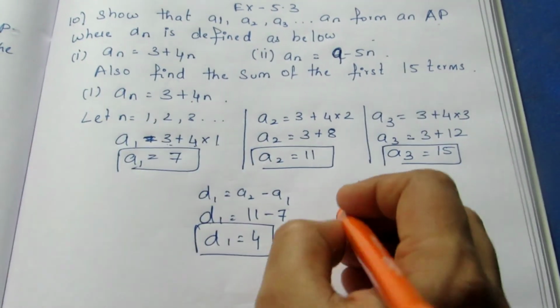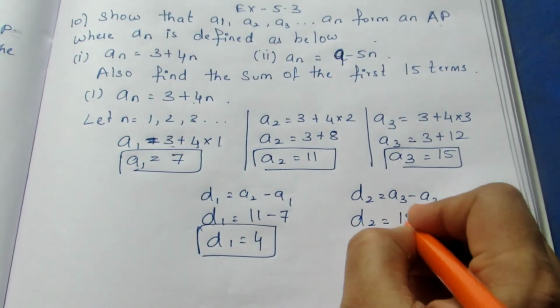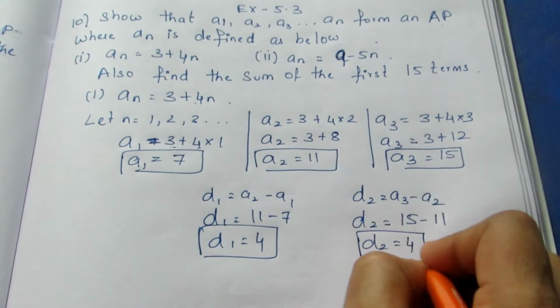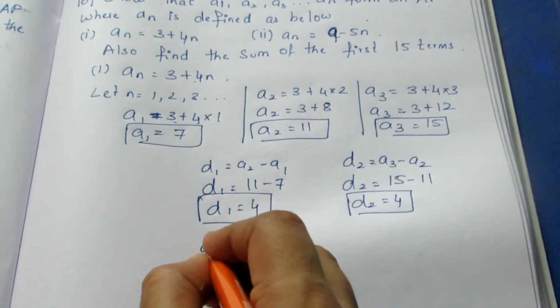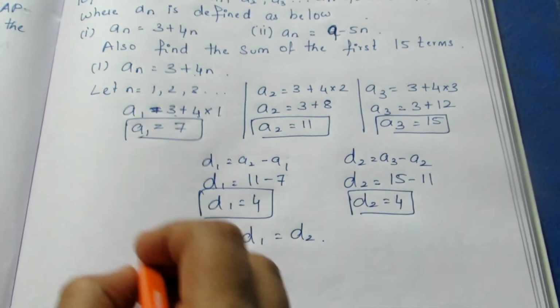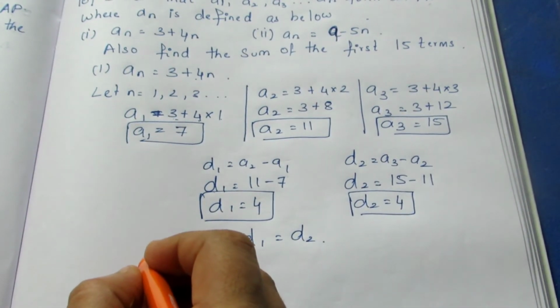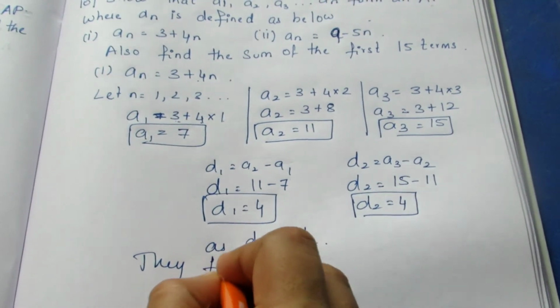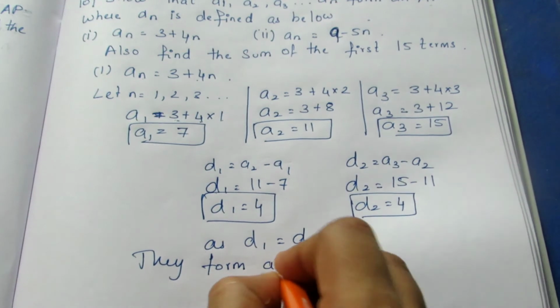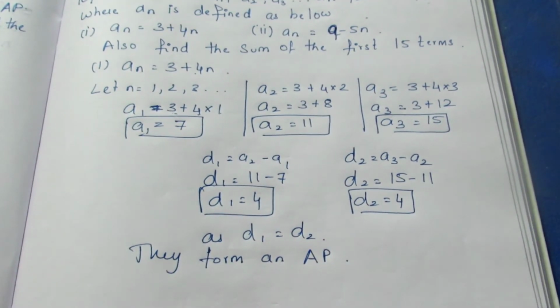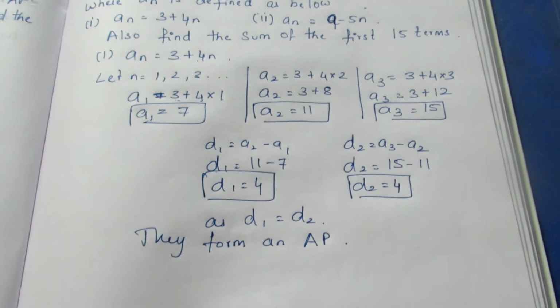In the same way, d2 equal to 15 minus 11. So d2 equal to 4. Therefore, as d1 equal to d2, as the common differences are equal, they form an AP.